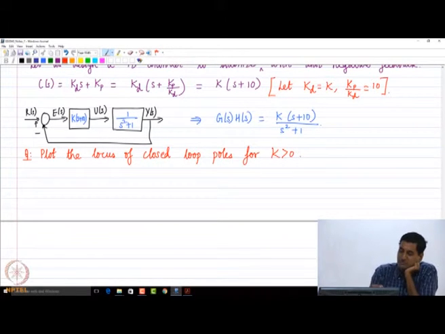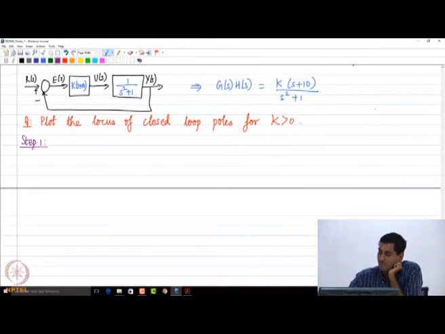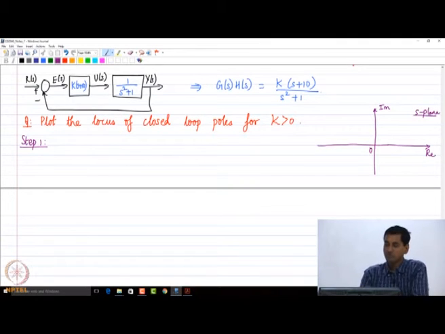So, let us run through the steps. You tell me what would be step 1. Step 1 is to first determine or locate the open loop poles and open loop zeros.